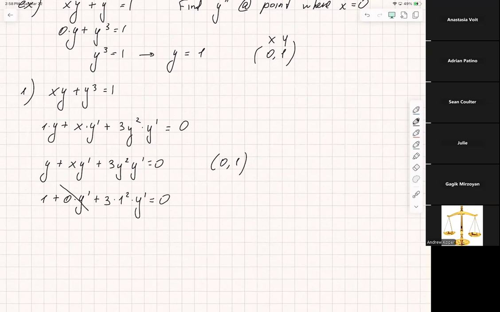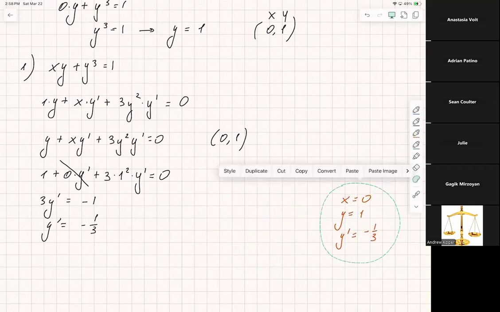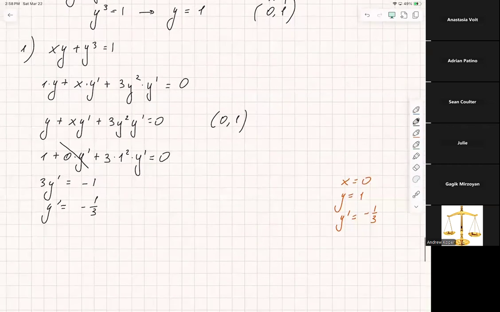So this is gone. We have 3y prime equals negative 1, so y prime equals negative 1 over 3. So these are the values that we know so far: x equals 0, y equals 1, y prime equals negative 1 over 3. For now, let's just keep them on the side. We will probably use them further on.